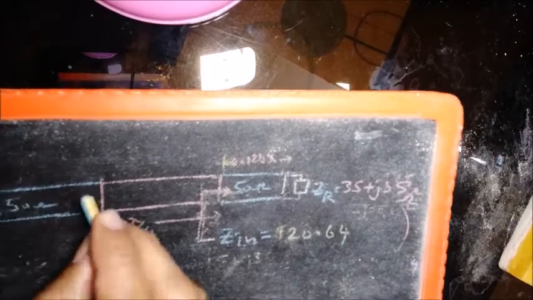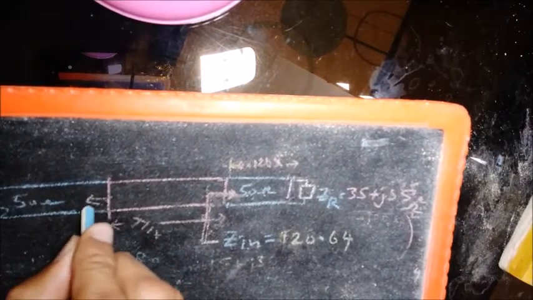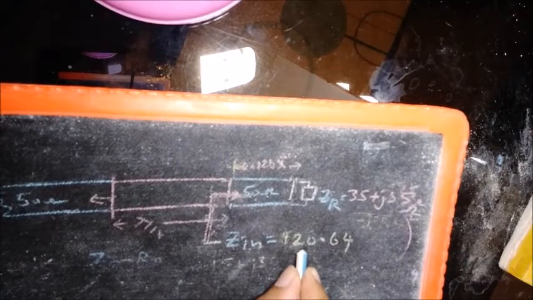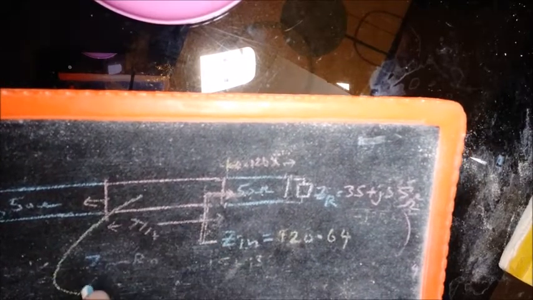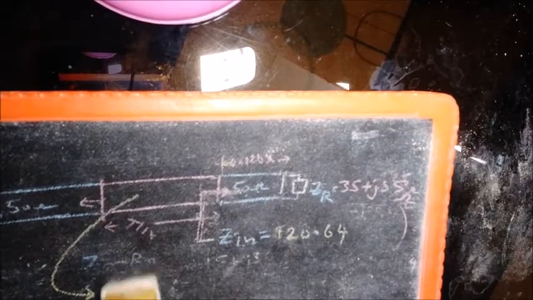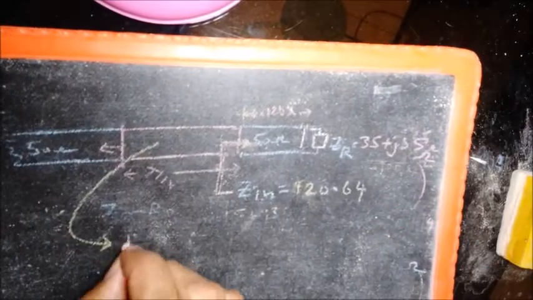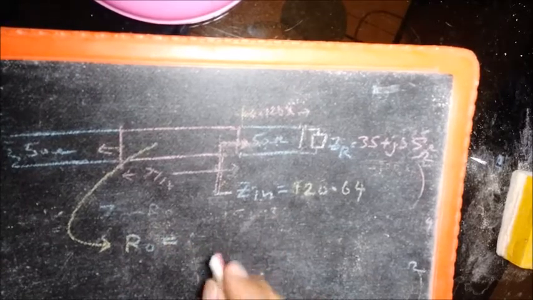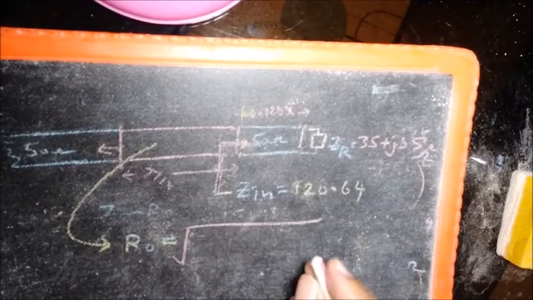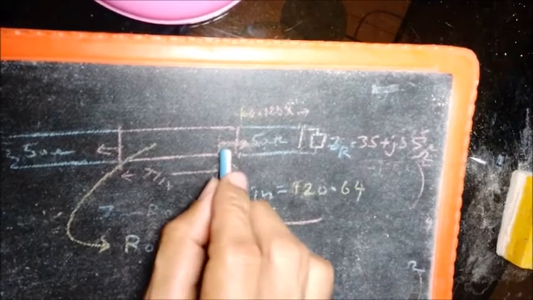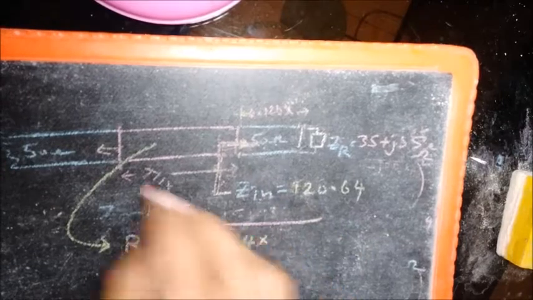Now, this side the impedance is 50 ohms, this side the impedance is 120.64, which means that the characteristic impedance of this, of course it's going to be purely real, so I'll just write R0 itself, will be equal to the square root of 120.64 into 50.